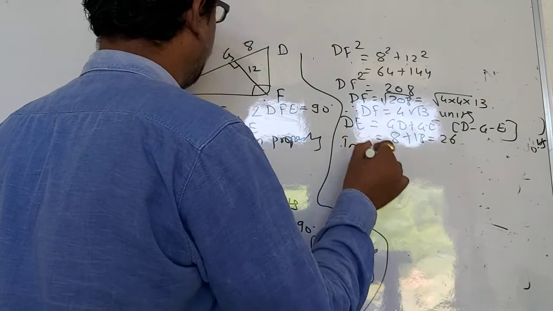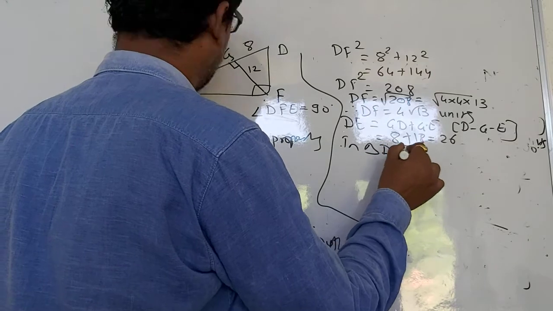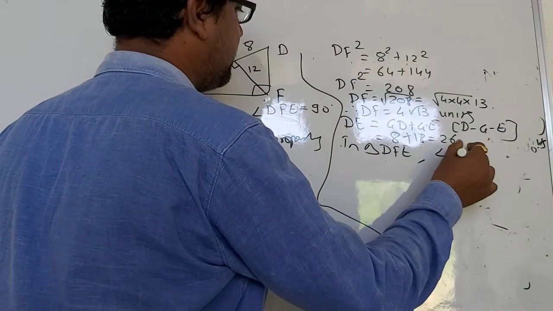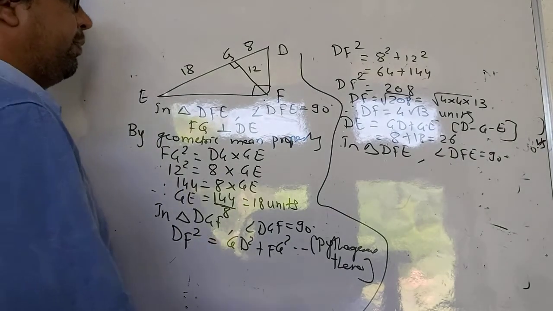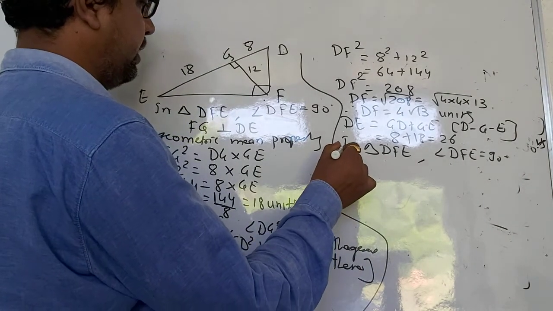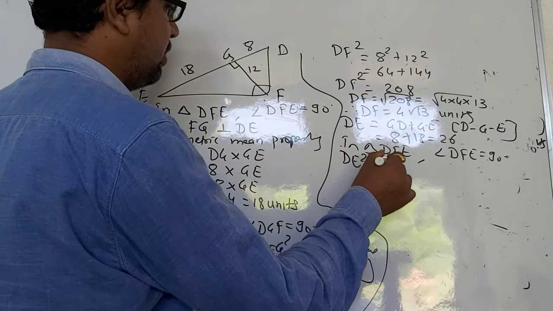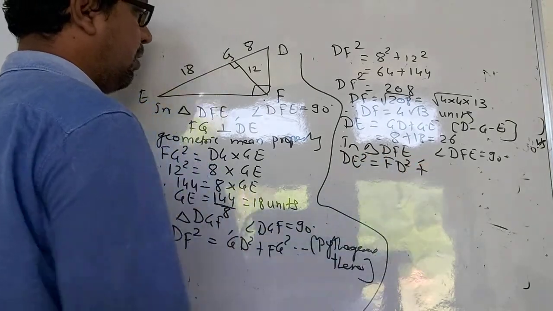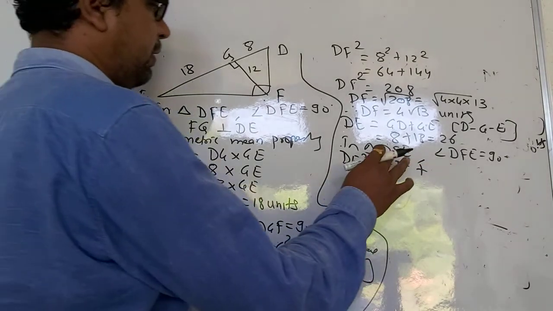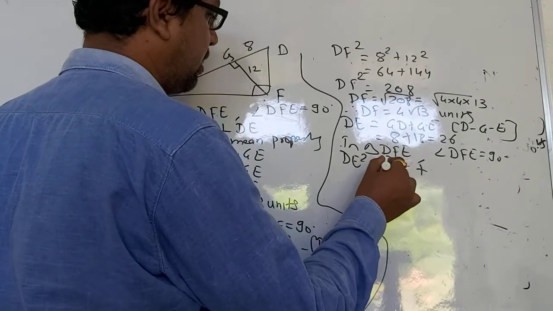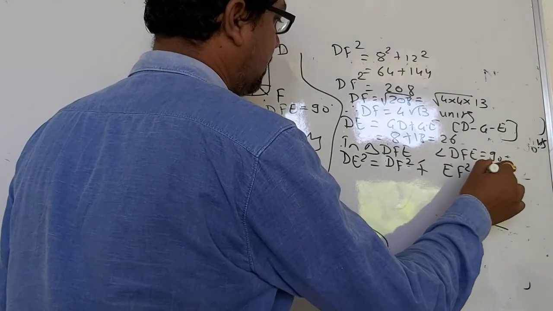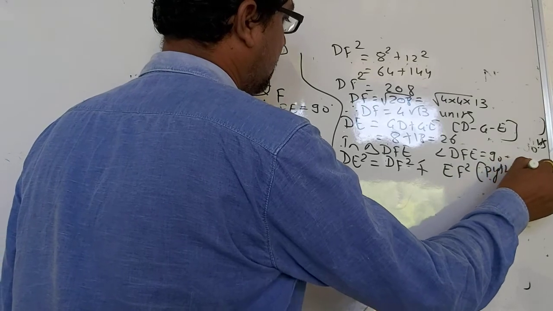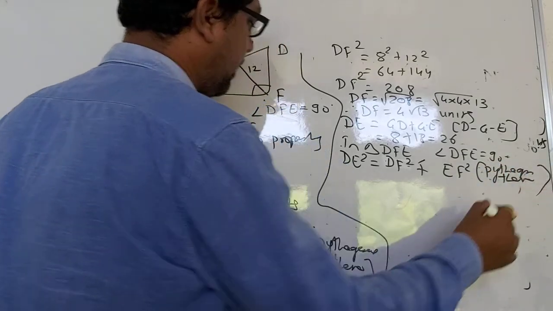Again in triangle DFE, angle DFE is equal to 90. Therefore, by Pythagoras theorem, DE square is equal to DF square plus EF square. Reason, Pythagoras theorem. Okay.